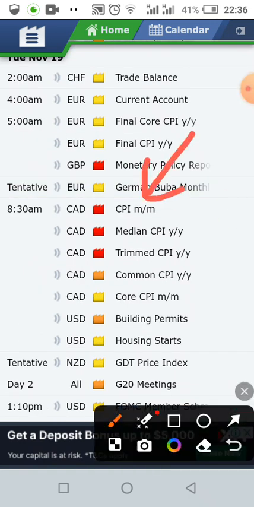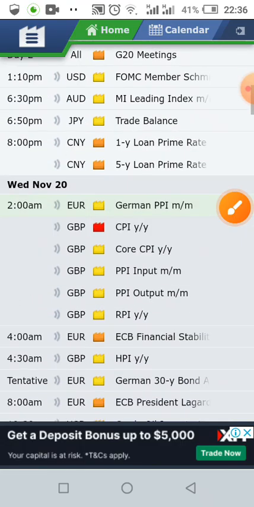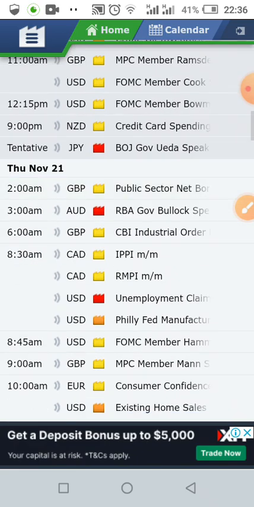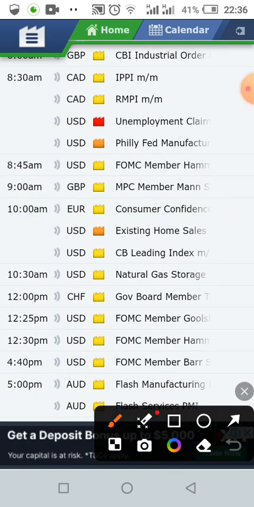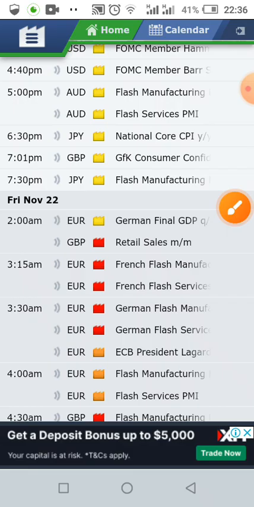And then also the FOMC red folder events, and then also the Fed chair speeches. Those like employment claims don't really affect the markets, even though they are red folders.